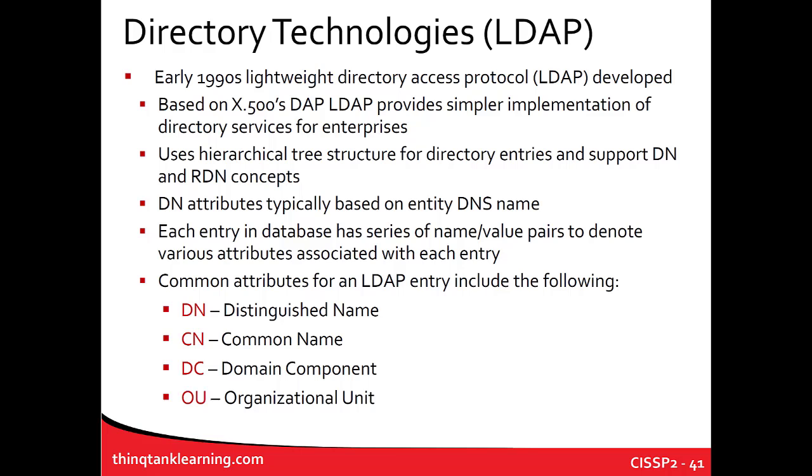These entries consist of name-value pairs. All right? They're made up of attribute-value pairs that define identity characteristics. Common name equals Scott. Mail equals Scott at thinKtanklearning.com. User ID or UID equals whatever number.